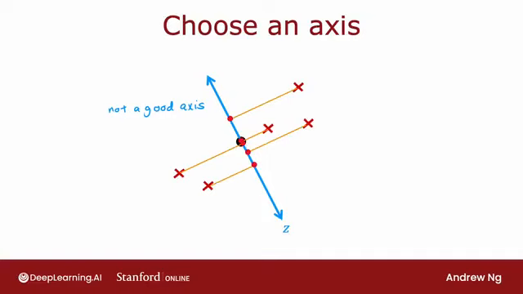You notice that compared to the previous choice, these 5 points are quite squished together. The amount they differ from each other, or their variance, is much less. And what this means is with this choice of z, you're capturing much less of the information in the original dataset because you've partially squished all 5 examples together.